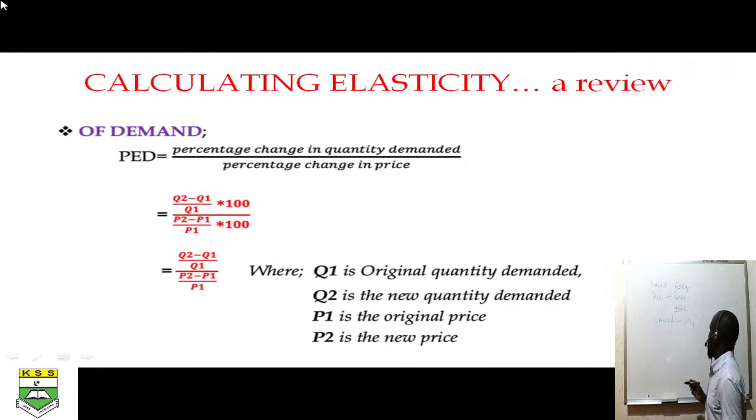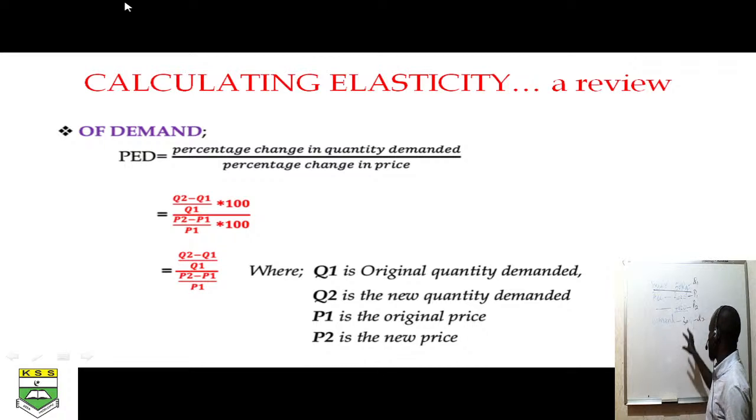Now, the first quantity is our Q1. The next quantity of 30 here is our Q2. The first price of 3,000 is our P1, and the new price of 4,000 is our P2.